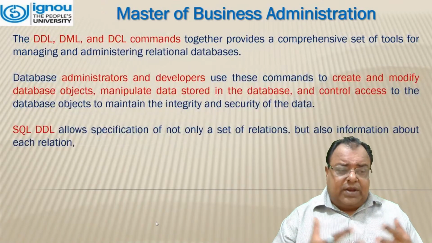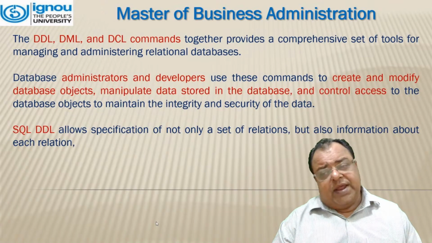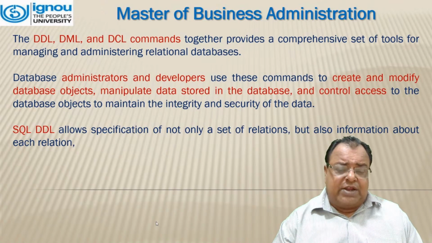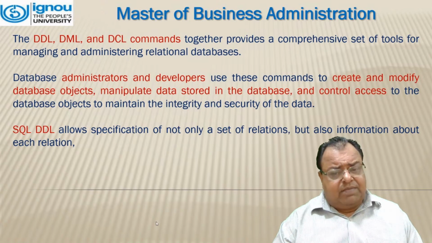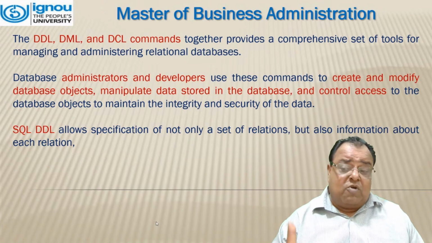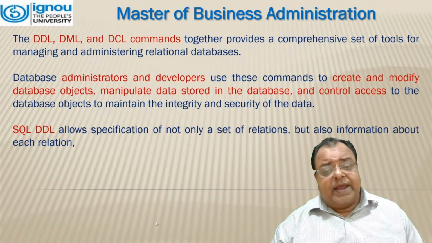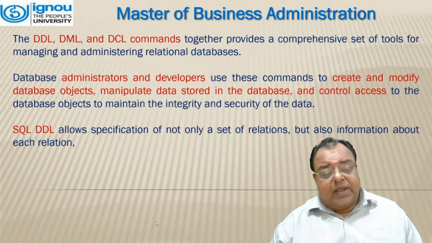DML, DDL, and DCL commands together provide a comprehensive set of tools for managing and administrating relational databases. Database administrators and developers use these commands to create and modify database objects, manipulate data stored in the database, and control access to the database objects to maintain the integrity and security of the data. That is the most important part.